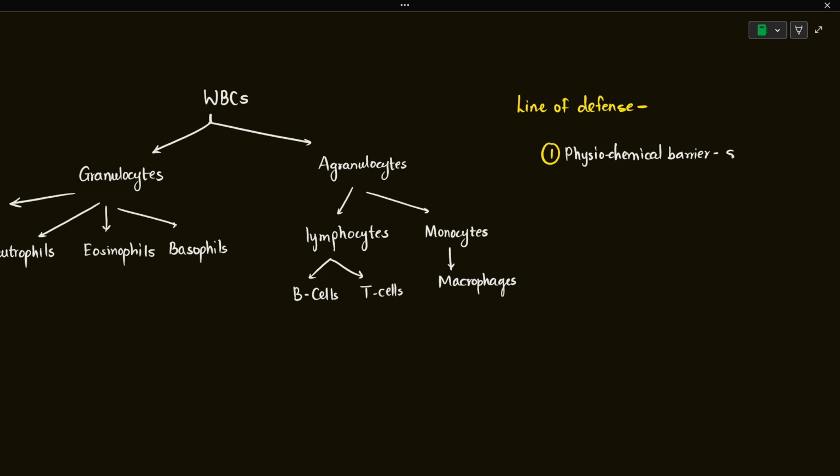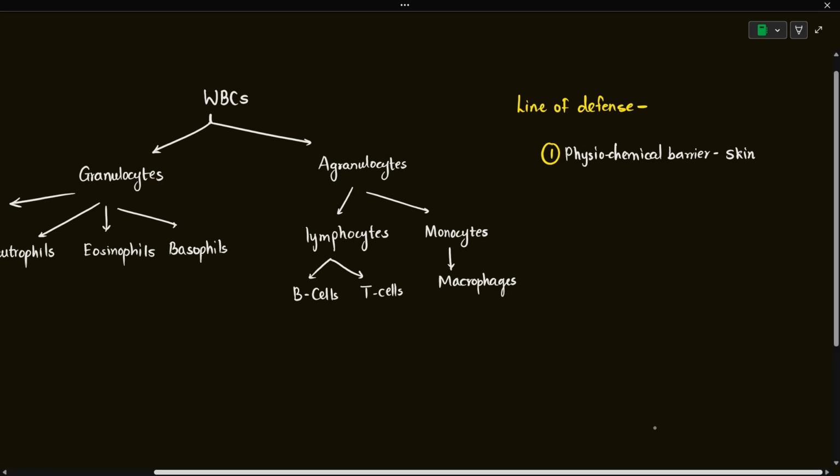For example, skin. It's the biggest organ in humans, so it is going to defend and not let any pathogen enter our body. So skin, then mucus. All of those are part of the physiochemical barrier, which ensures no entry for the pathogen.